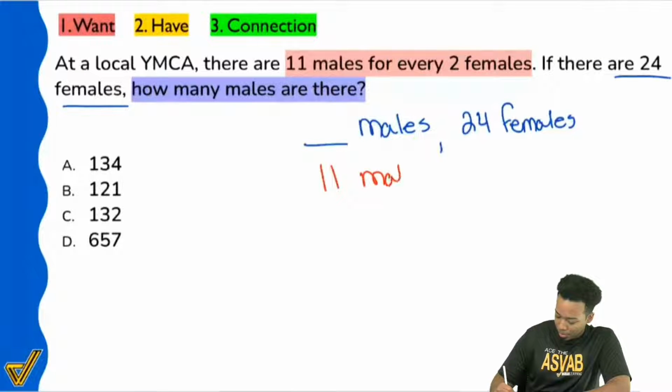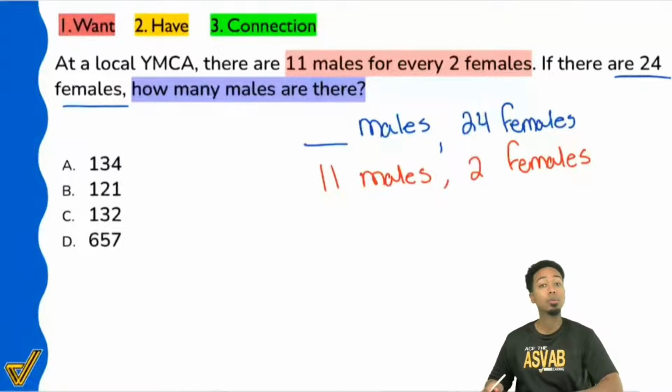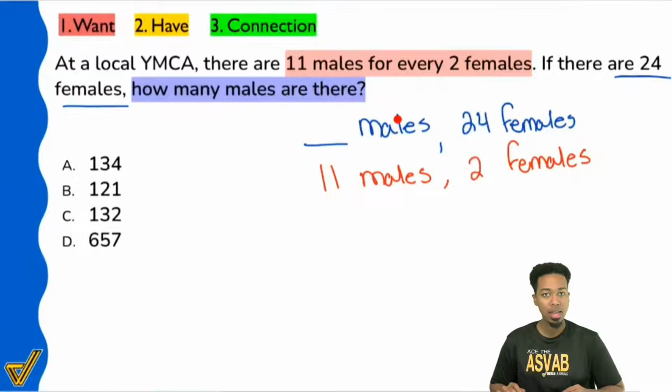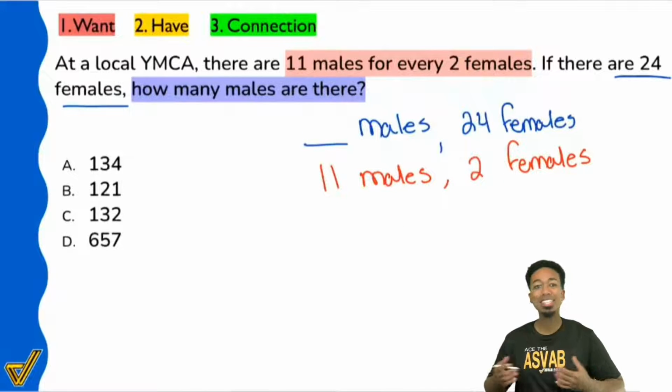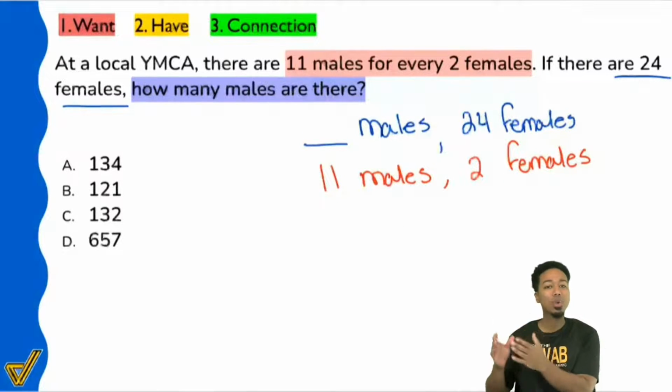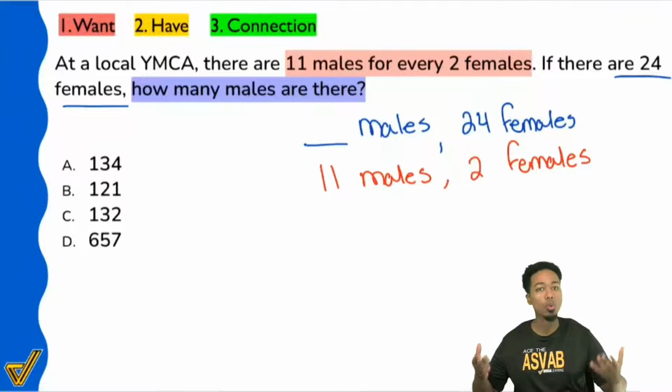11 males, 2 females right there. And I'm going to make something very, very clear, my party people. The main idea behind proportions is compare the same things in the same way. I have males compared to females, males compared to females, meaning that I can now go ahead and write a proportion because it's already set up.